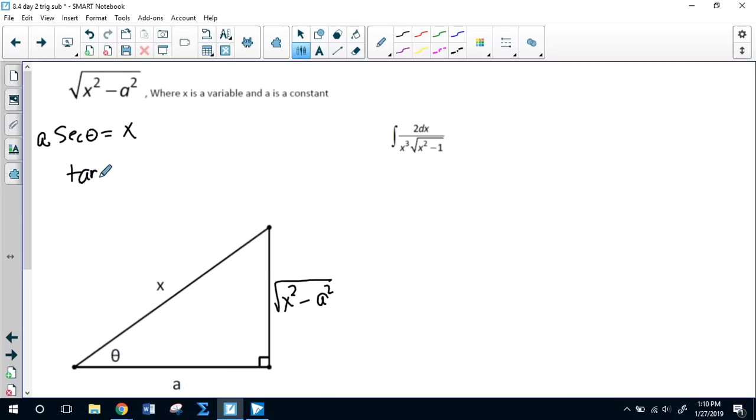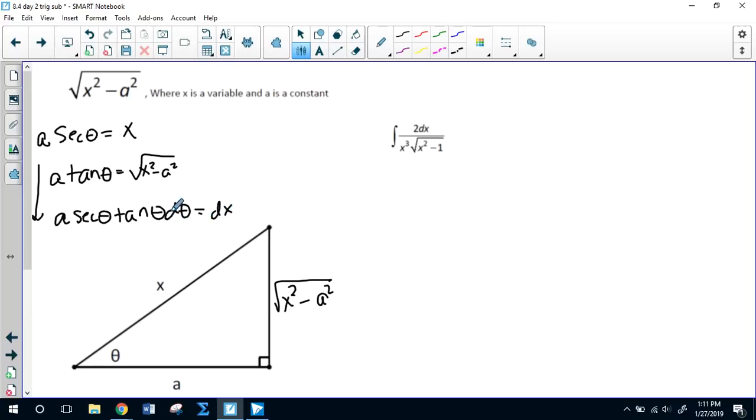So tangent of theta is equal to opposite over adjacent, and I'm going to put that adjacent over here. And I need to know what the derivative is equal to. I need to have dx. I certainly don't want to mess with that. The derivative of secant is secant theta tangent theta d theta equals dx.